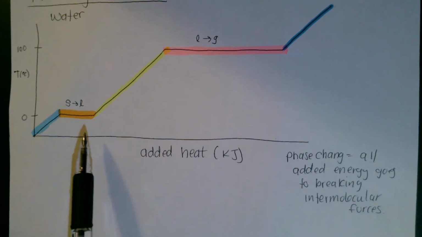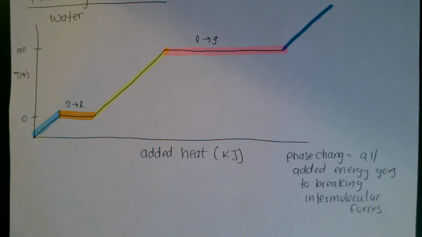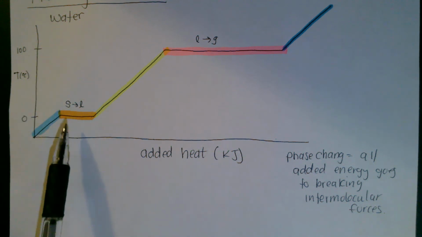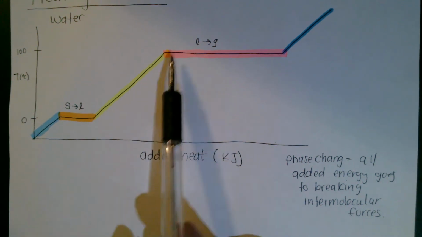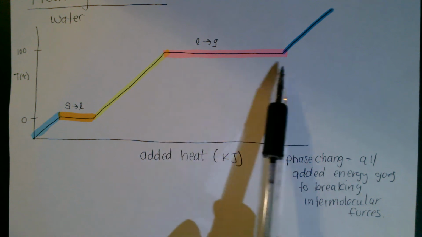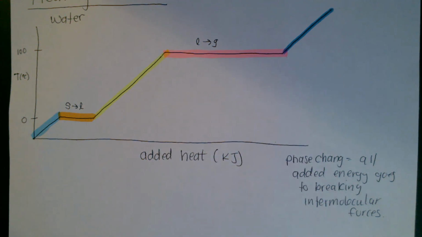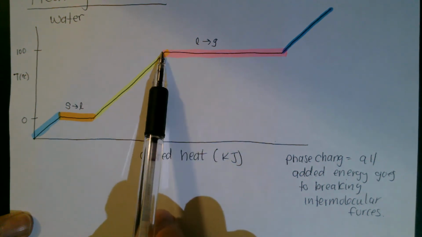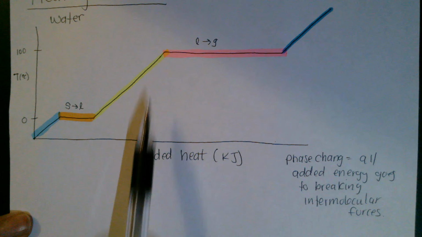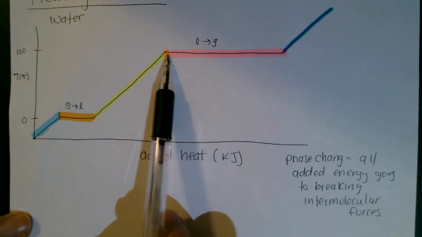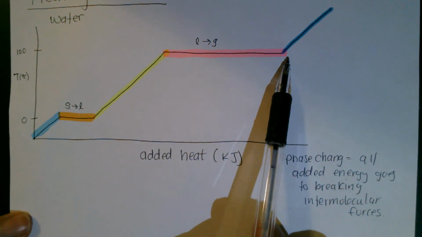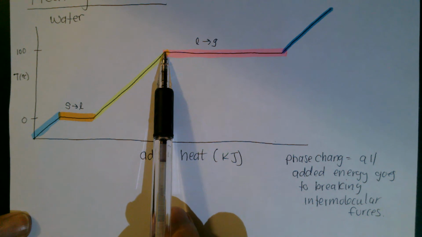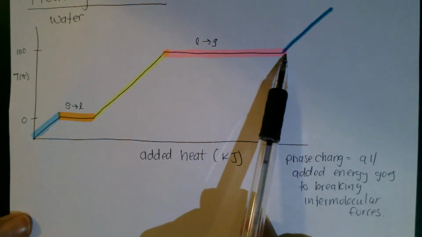Depending on the substance, like for example here we have water. This one's kind of large. We'll see this one's also kind of large here. There's a lot of strong forces holding water together, so these flat regions are quite large. In fact, this one lasts for about 40 kilojoules.